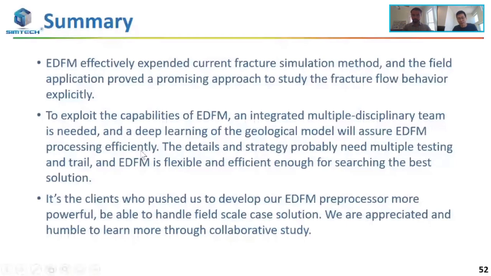And EDFM is quite a new technology for field application. To explore the capability of EDFM, I think an integrated multidisciplinary team is really necessary, because such a team can make sure your geology information is transferred smoothly to reservoir engineers.